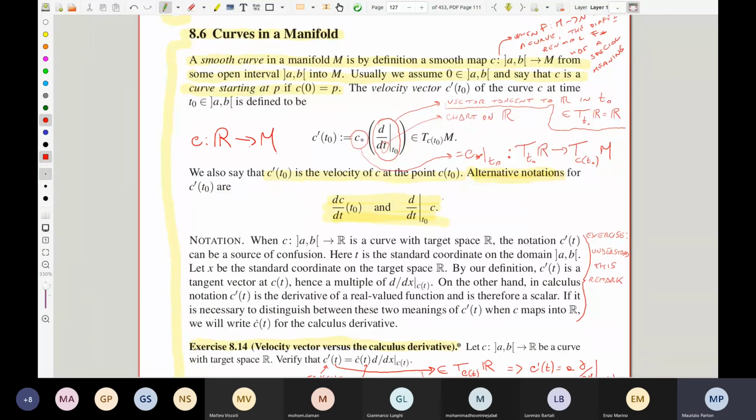Okay, so as a map, you have the differential. So you can take C star. What is it doing?